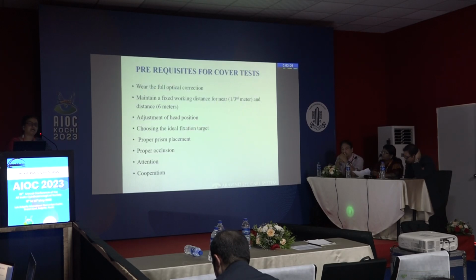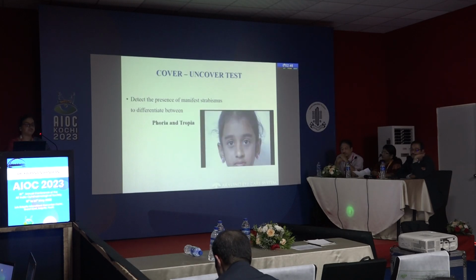So for a good cover test, you need certain prerequisites. One is a full optical correction, and then you maintain the distance, keep the head in primary position, choose the ideal fixation target. For children, you choose a doll or something. For adults, you choose something else. And proper prism placement, proper occlusion, and very importantly, you need the attention and cooperation of the patient.